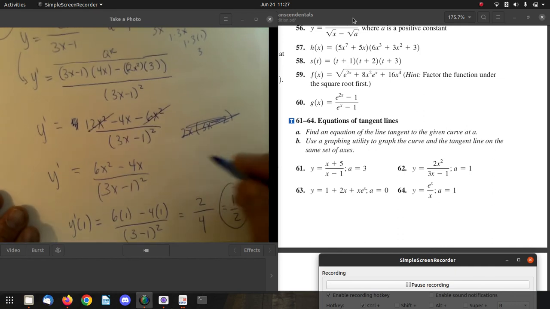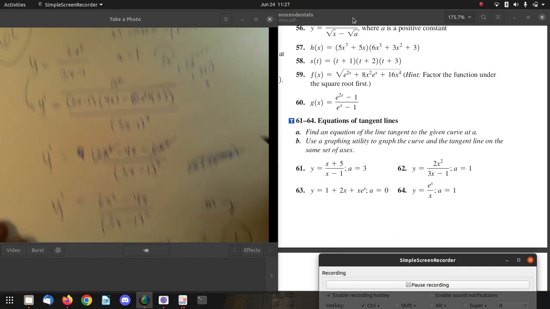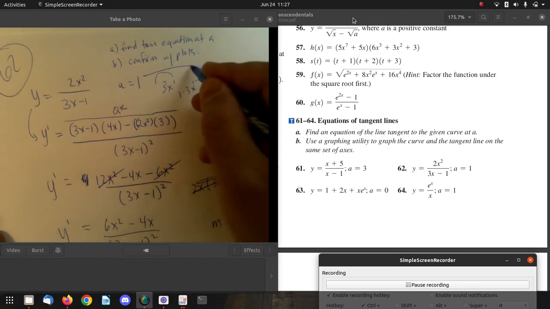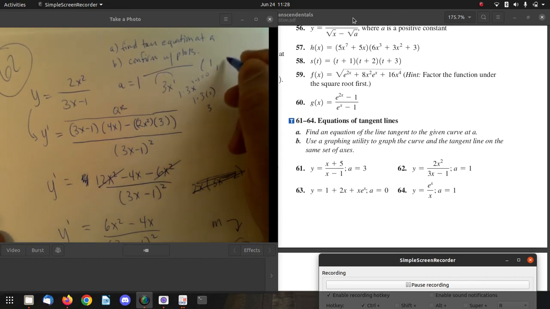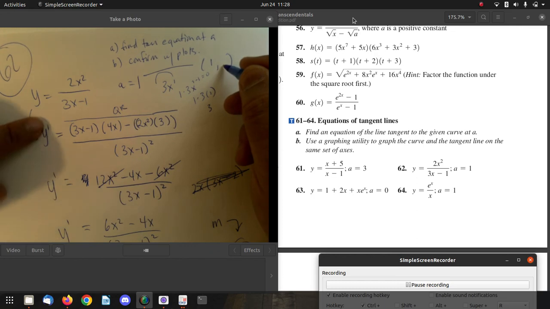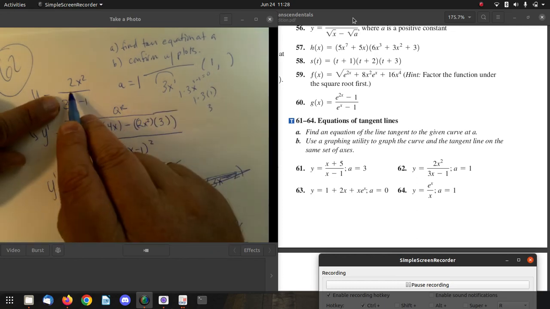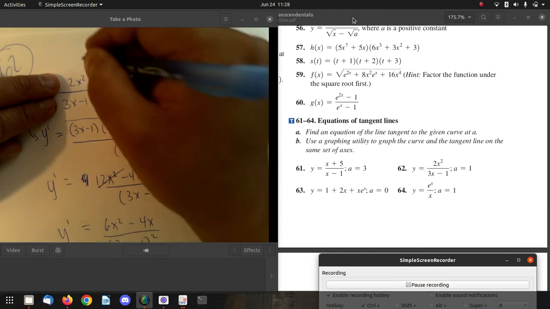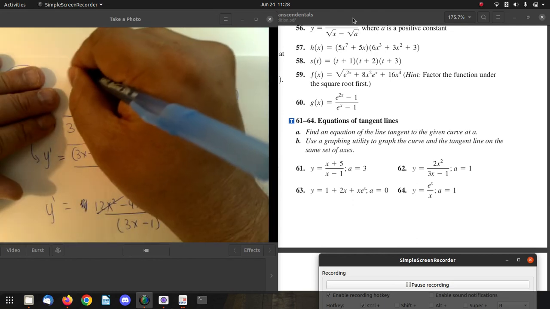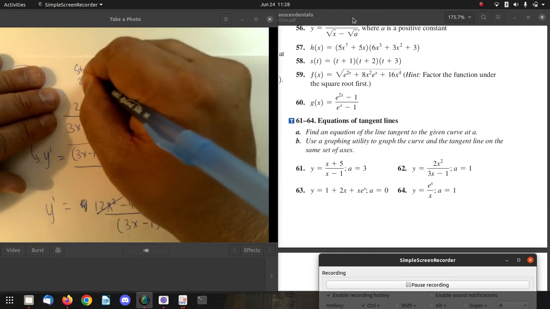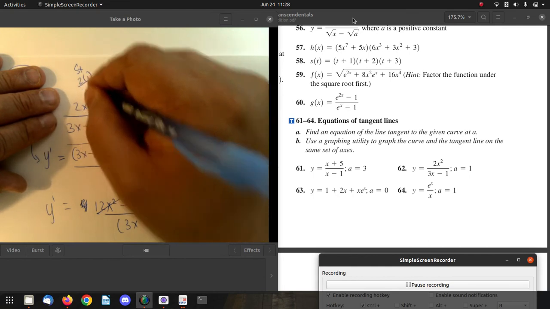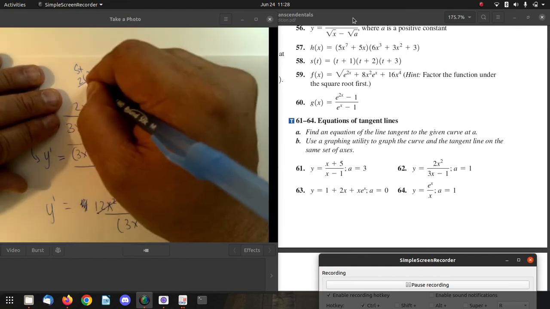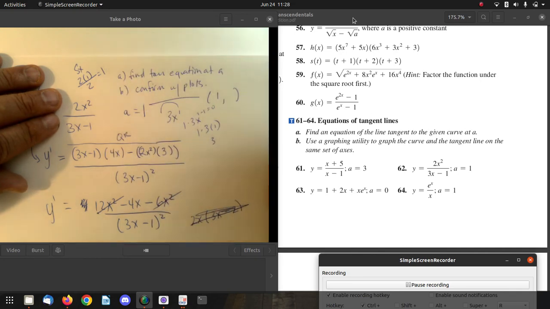So now we know our m value. We already knew the x point of our coordinate. They didn't give us the y point. To get the y point, we need to plug 1 into here, giving us 2 times 1, which is 2. So scratch paper. So we get 2 times 1 over 3 minus 1, which is 2, and we get 1.